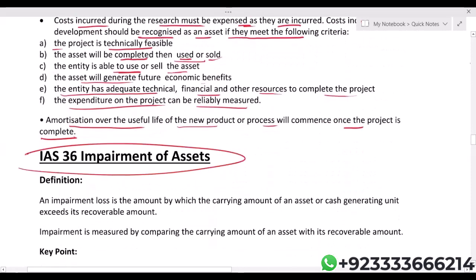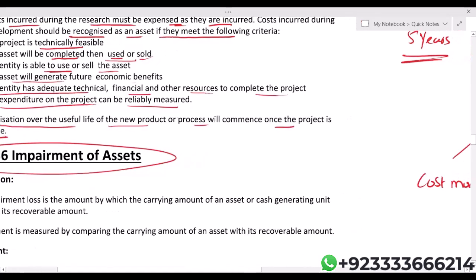Now, IAS 36, impairment of assets. The objective of IAS 36 is that the carrying amount of the asset should not exceed the recoverable amount.